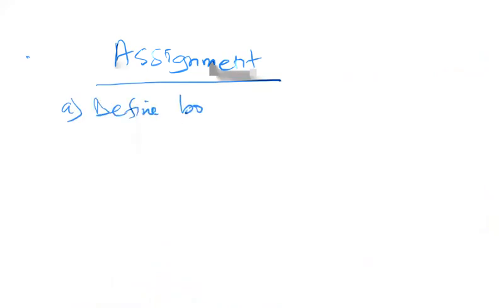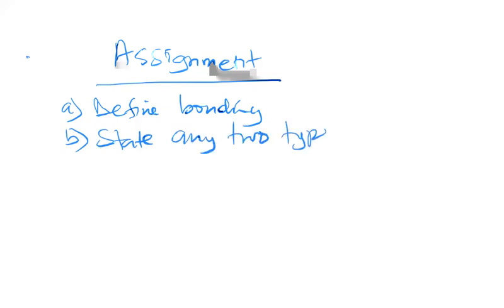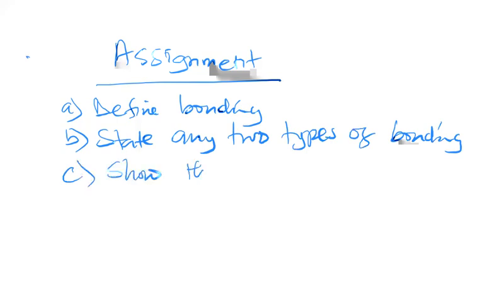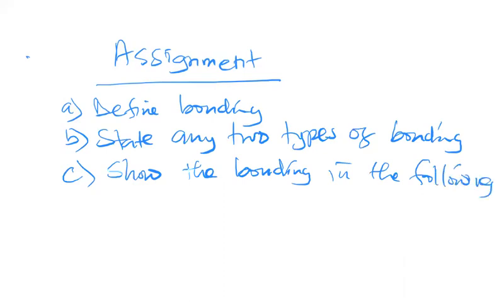A, define bonding. B, state any two types of bonding. C, show the bonding in the following. Number one, lithium fluoride.